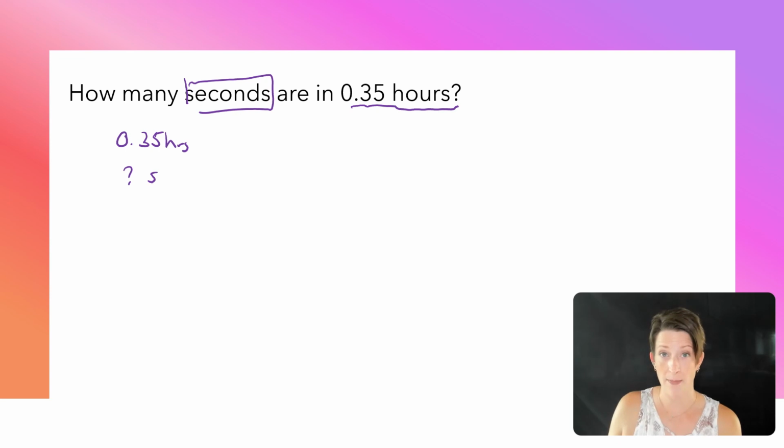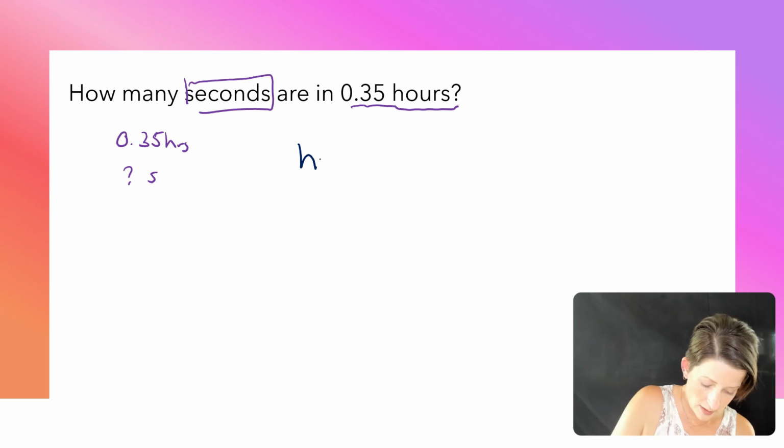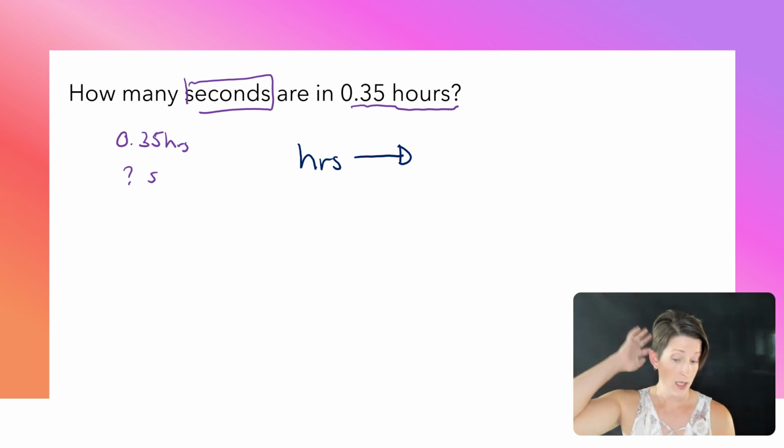Most important step, unit map. So here, we want to get from hours to seconds. If I have hours, how do I want to get to seconds? Well, we can go directly from hours to seconds if you know that conversion factor. But I'm going to do this in multiple steps.